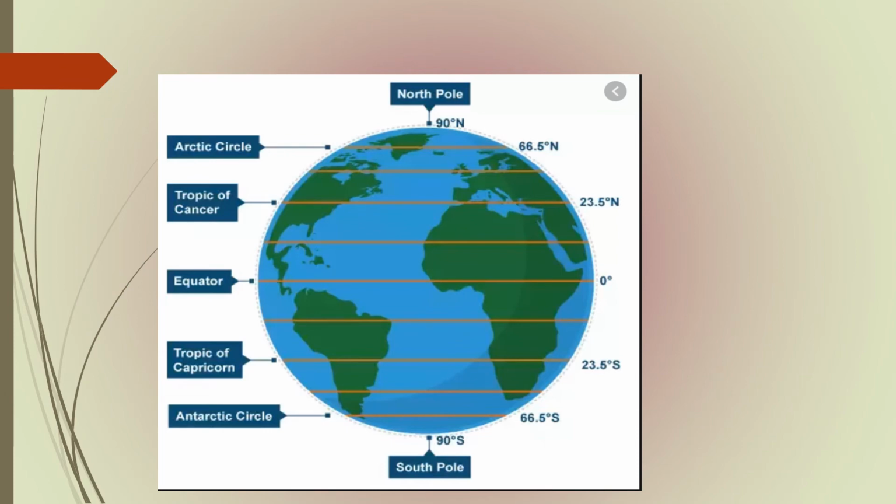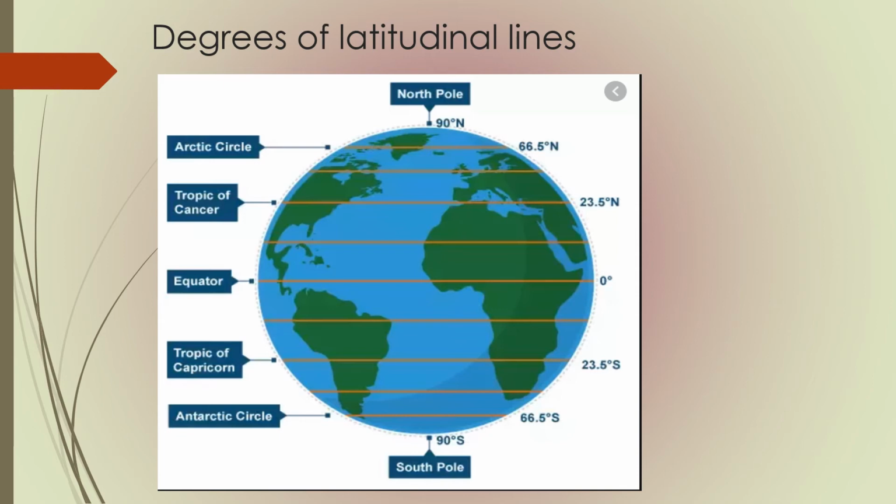So children, here are some important degrees of latitudinal lines. At the top, you have 90 degrees north, that is labeled as North Pole. Coming downwards, you have Arctic Circle, which is 66.5 degrees north. Then you have Tropic of Cancer, which stands at 23.5 degrees north.